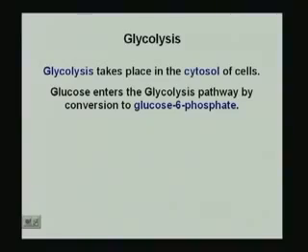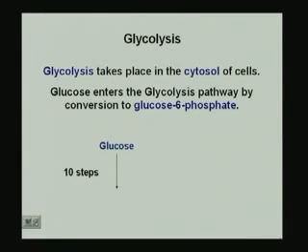Now, glycolysis. The process of glycolysis takes place in the cytosol of cells, and glucose enters the glycolysis pathway by the formation of glucose 6-phosphate. Now, glucose 6-phosphate means that we are going to have a large number of steps that are actually going to get you to pyruvate.